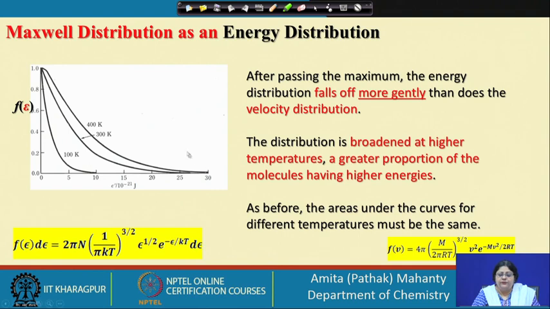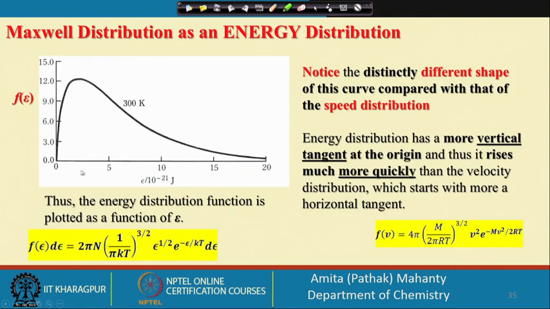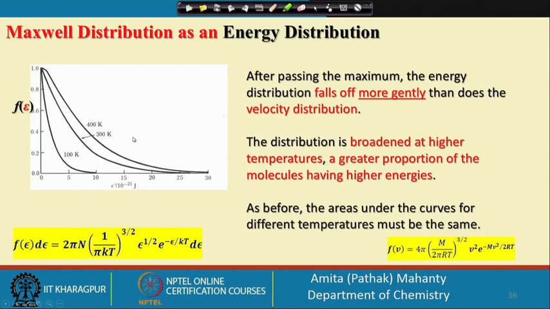And another one, after passing through the maximum point, suppose you are looking into this one, you just see that you have this expression, and this is the maximum peak which we have, and when you are passing through the maximum, the energy distribution falls more gently than the velocity distribution.